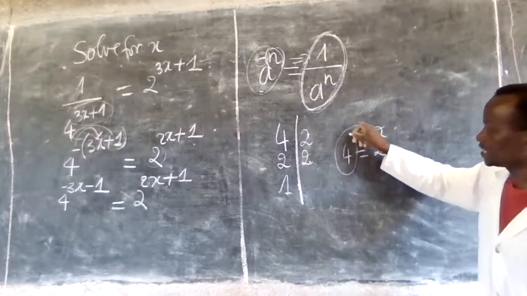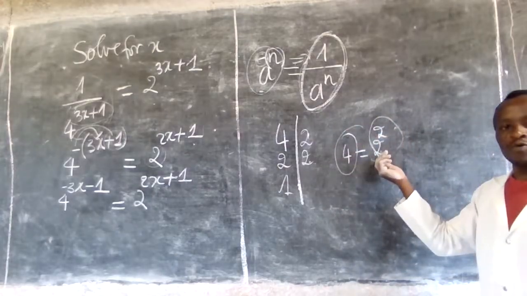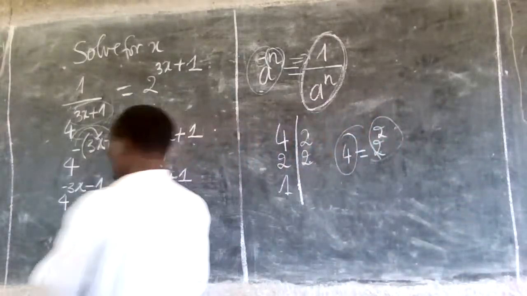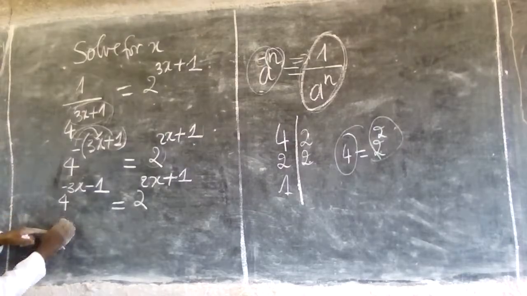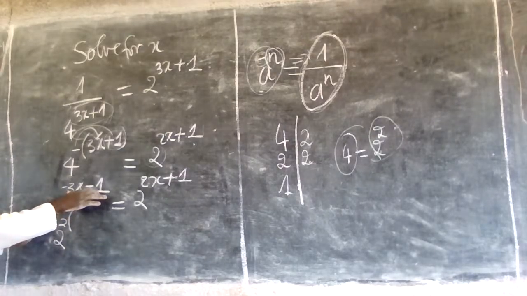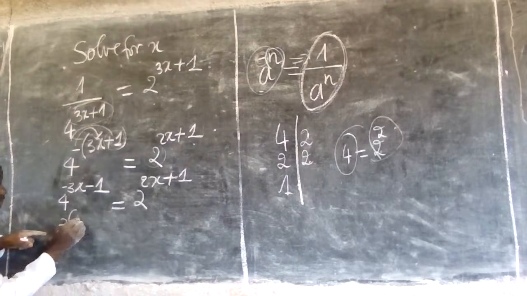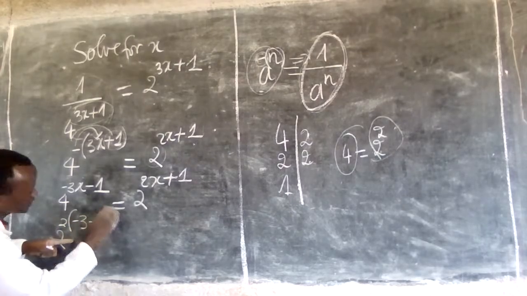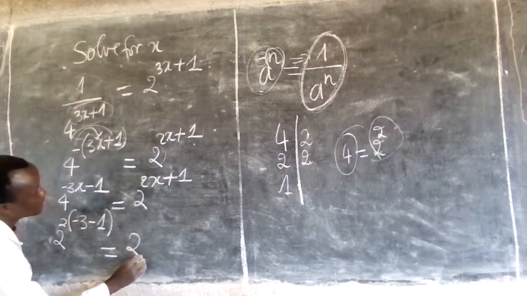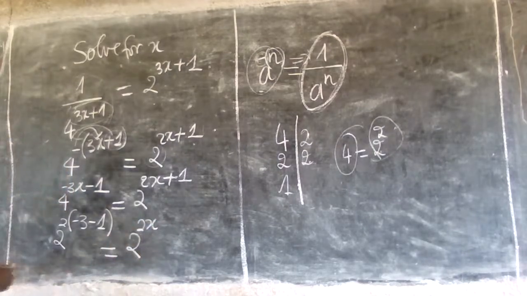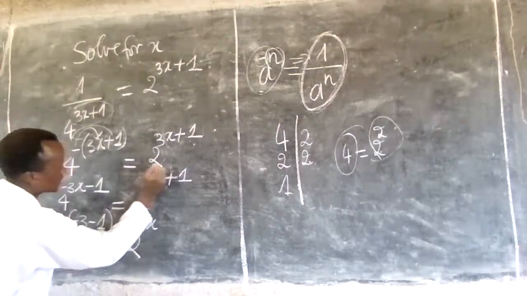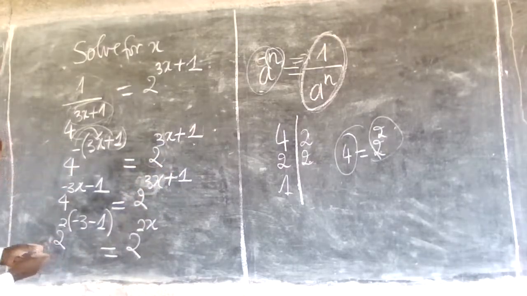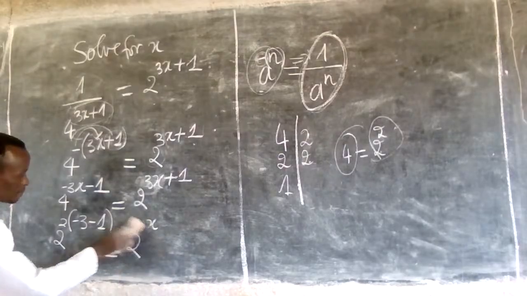Now we are going to substitute this 4 by 2 power 2. We come here: 4, which was 2 power 2, with this power, minus 3x minus 1 across the bracket, is equal to 2 power 2x. Excuse me, here it was 3x, I'm sorry. 3x here also.